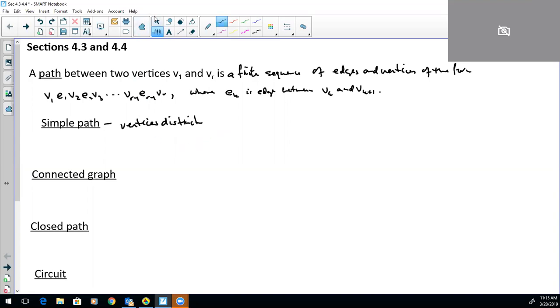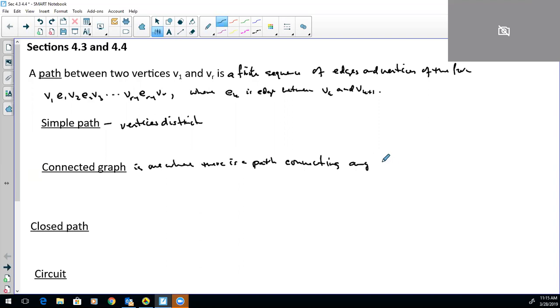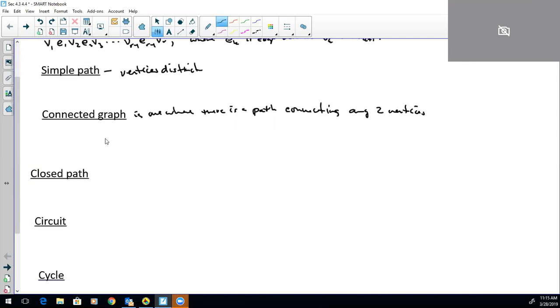Now, a connected graph is one where there is a path connecting any two vertices. Okay, so you can always get from one vertex to another by a path.